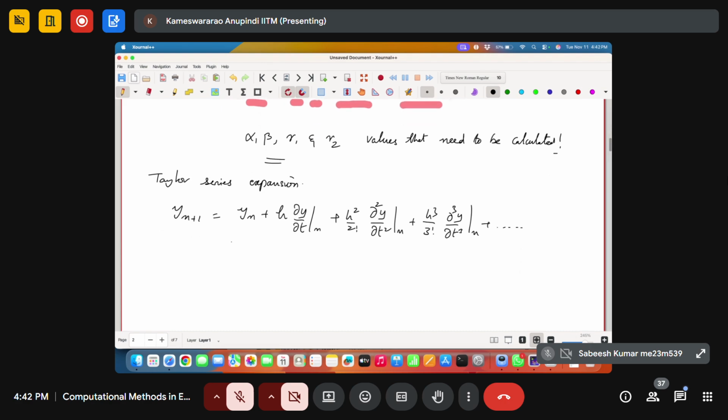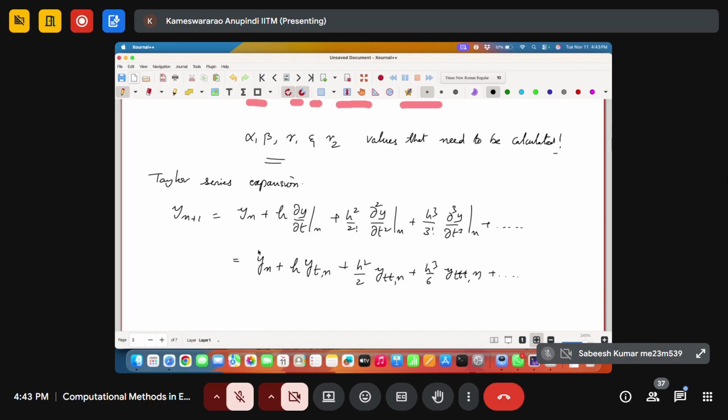Okay, so let me slightly write it differently so that it is easy for me. So we say yn plus h times partial y by partial t. I'm going to write as y sub t comma n. Okay, that means this is dou y by dou t at n plus h square by 2 ytt n and h cube by 6 yttt n. Okay, so that's what I have, plus and so on, right?